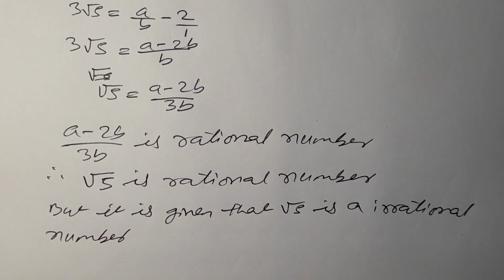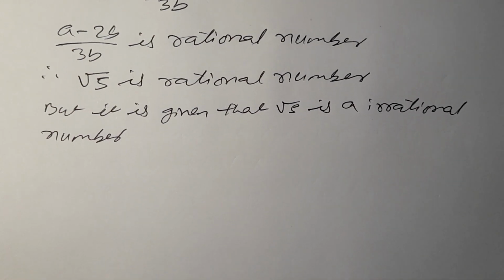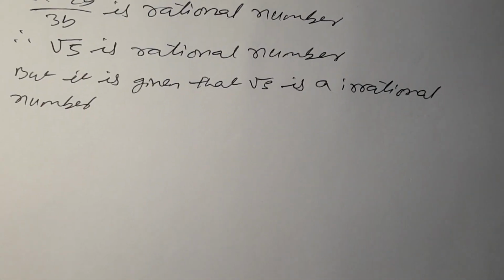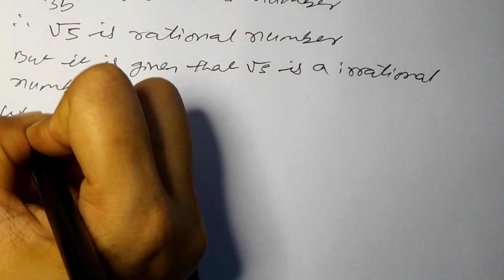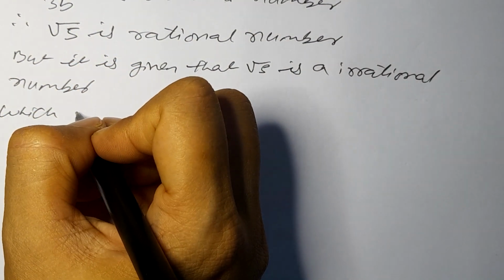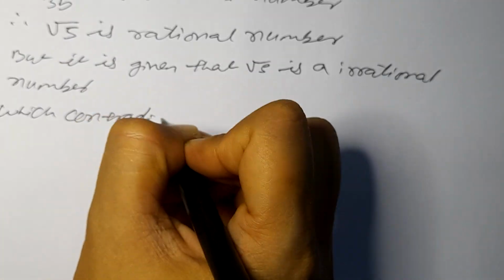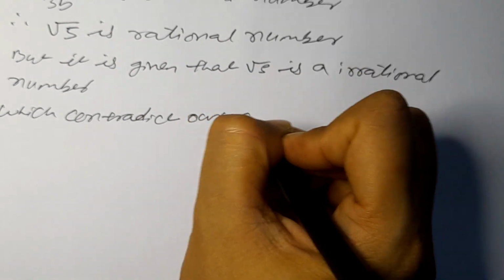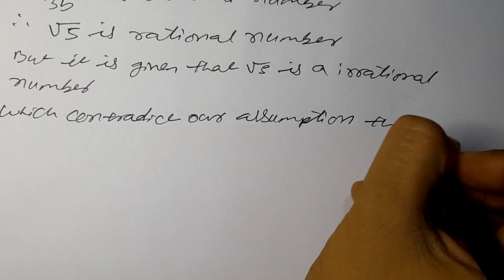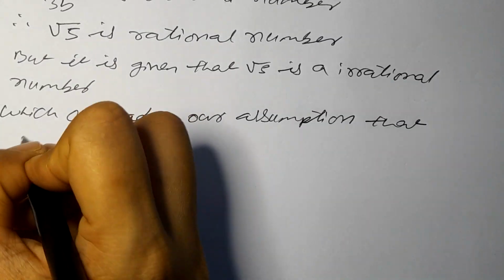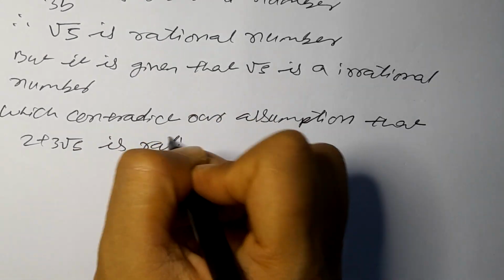So this contradicts our assumption that 2 plus 3 root 5 is a rational number.